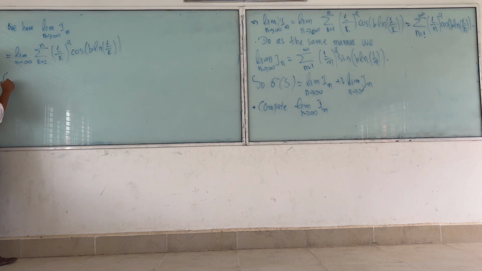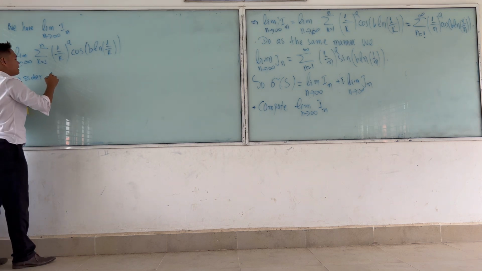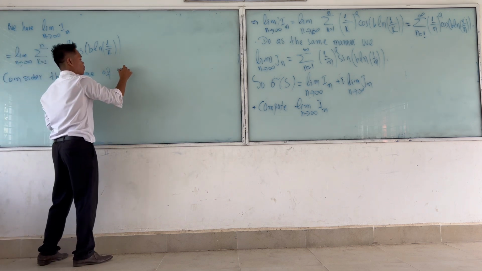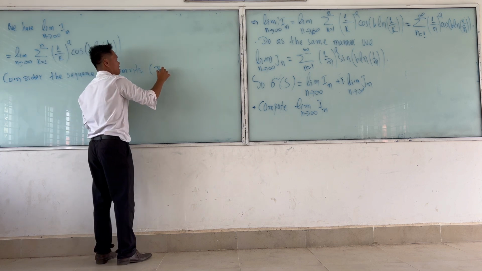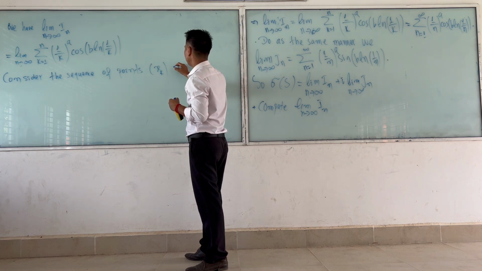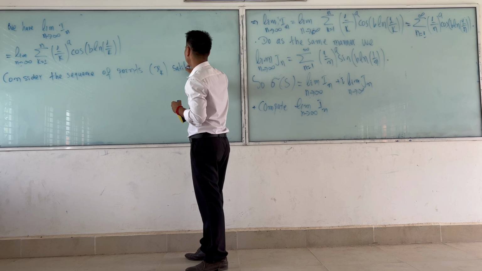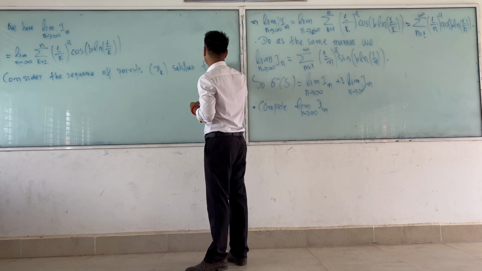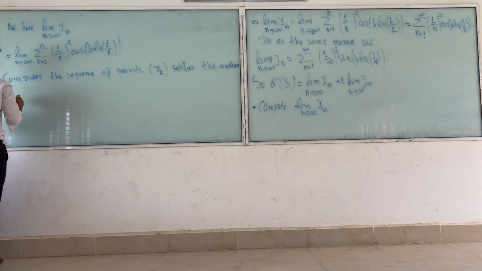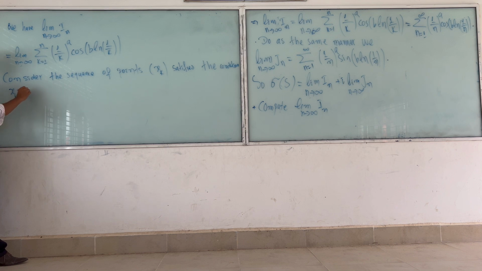So consider the sequence of points xk satisfying the condition xk minus 1 minus xk equal to 1 over k times the square root of k.